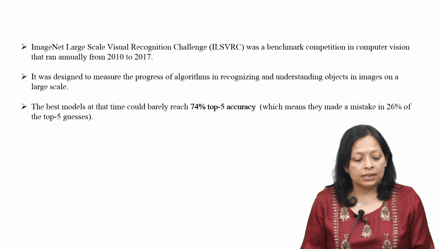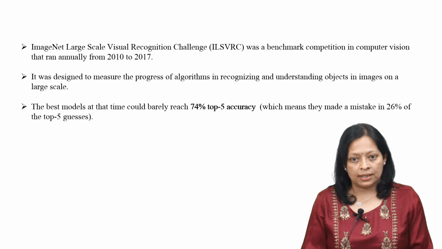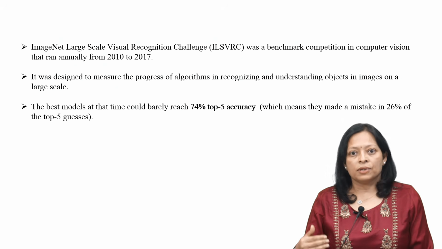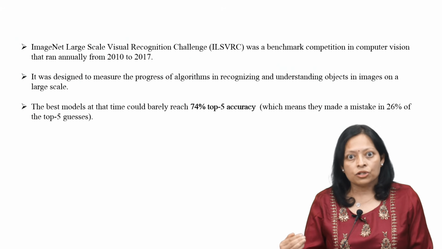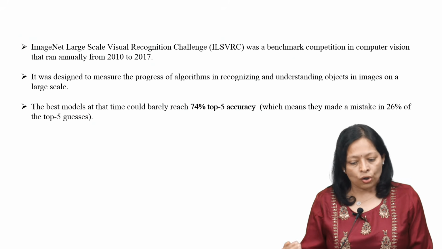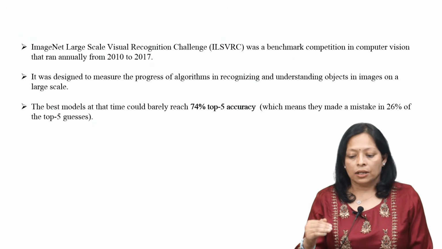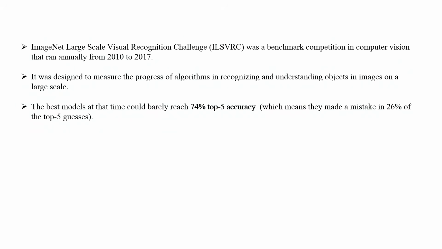The best model at that time could barely reach 74% top 5 accuracy. This means that if the algorithm tries to guess what the image is of, then 26% of the time it was making mistakes among the top 5 guesses.